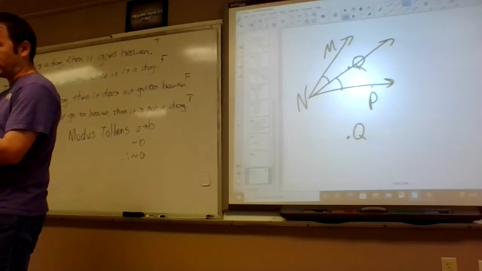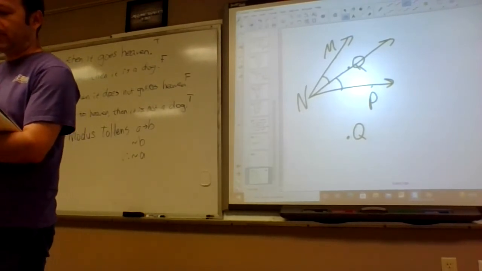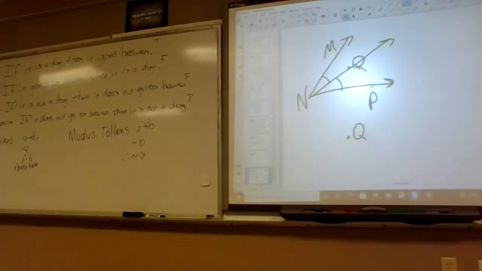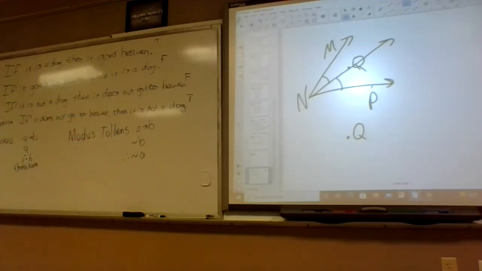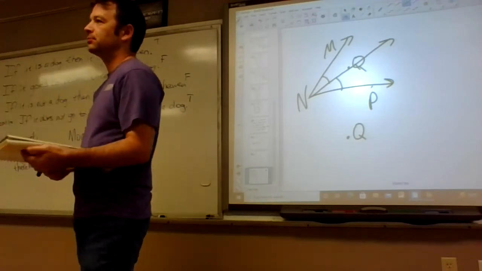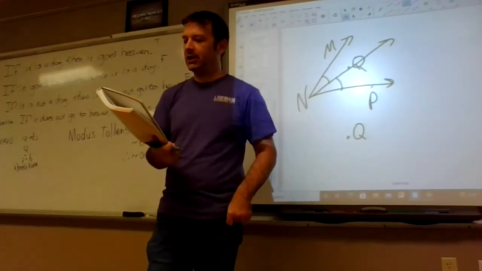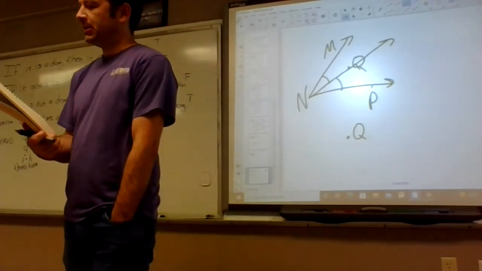The measure of angle, I'm just reading this from the book. The measure of angle MQ plus the measure of angle QP equals the measure of angle MP. So you just need to rewrite that. So we're just writing what they said. Yes, we're rewriting the second part of that sentence.